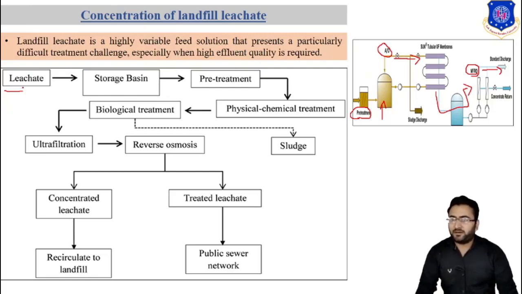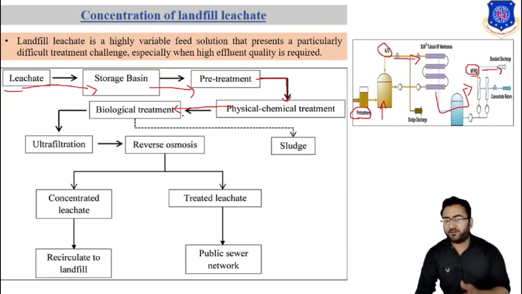First, the leachate is passed to the storage basin, then pre-treatment of that leachate occurs, then physical and chemical treatment is used to remove solid particles and other physical waste. Then it goes for biological treatment, where the aeration tank and other processes are used to remove the organic material. Then it goes for ultrafiltration.